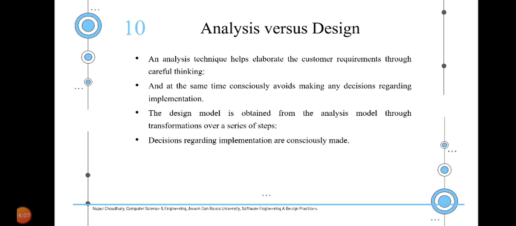However, the design model is obtained from the analysis model through transformation over a series of steps, and the decisions regarding implementation are consciously made. So coding and implementation basically is related to the design document or design phase. However, analysis will have no direct emphasis on implementation or coding.